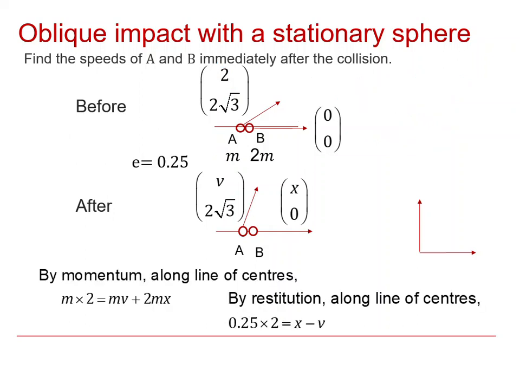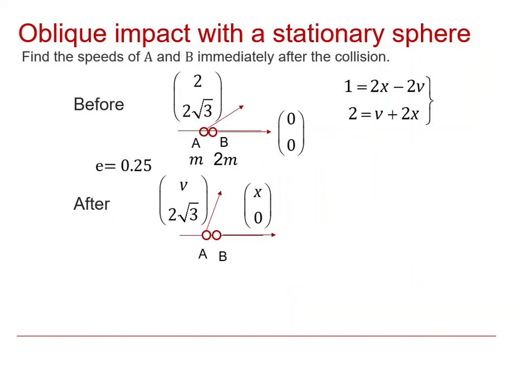So there are the two equations which we've just obtained, and they'll simplify. The first one, we can cancel the m's, so we'll get 2 is equal to v plus 2x, and the second one will simplify by multiplying by 2 right through, so that the left hand side becomes 1 is equal to 2x minus 2v.